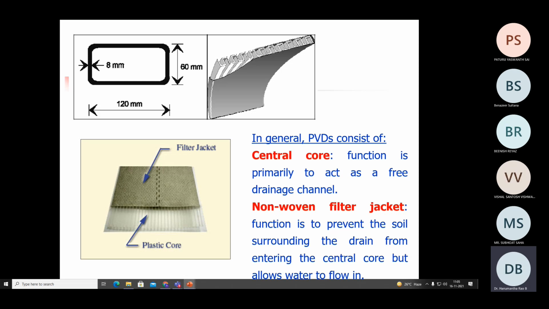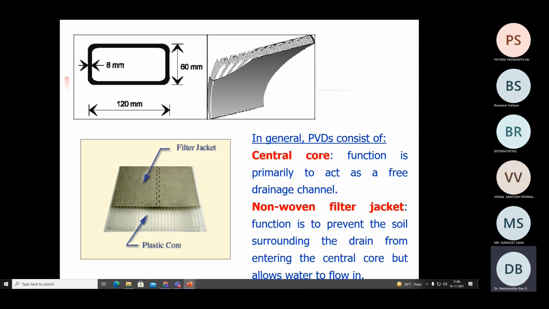Now, when I said it acts as some kind of filtering media, one important point that should come to anybody's mind is that the filter should be a porous material. That is the first thing. The second thing is it is a boundary between a hard plastic core and the soil.